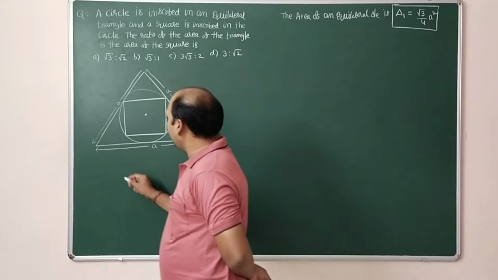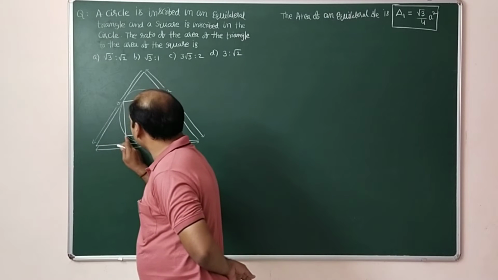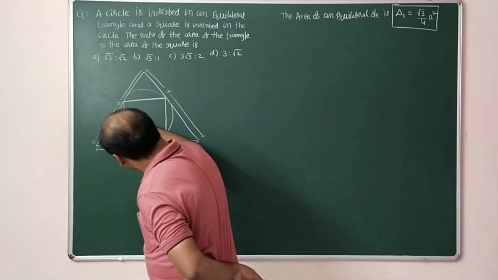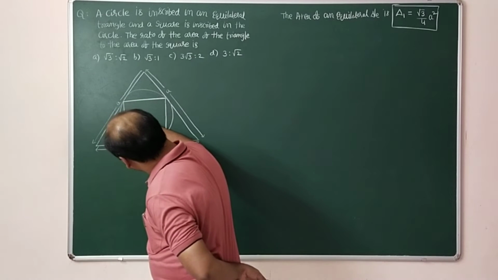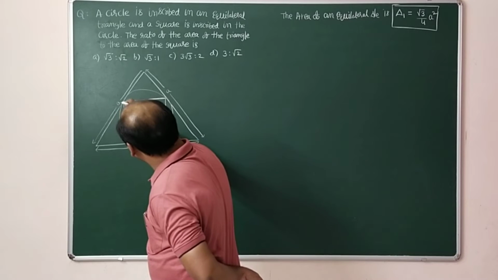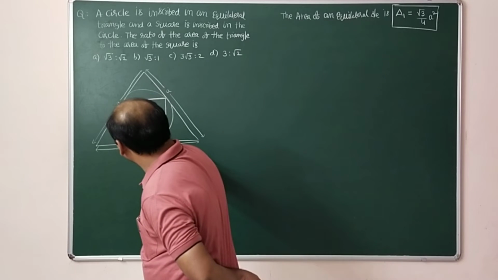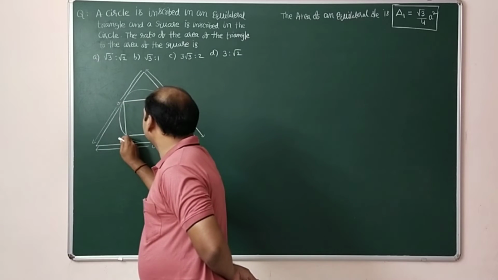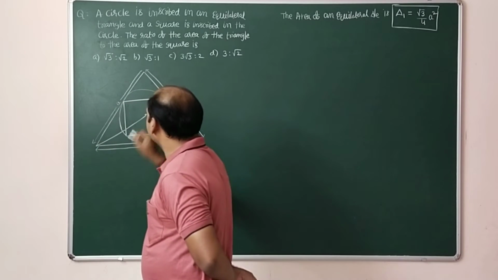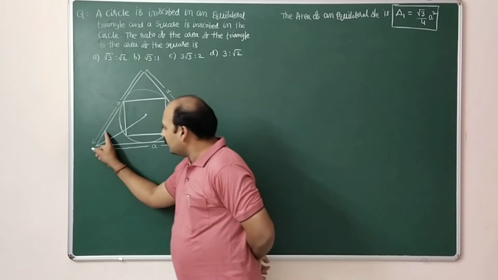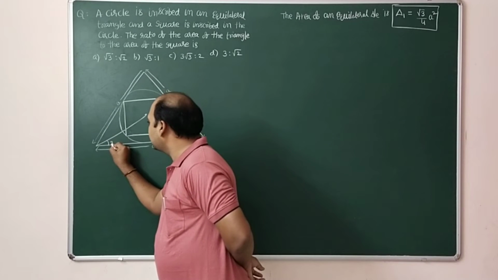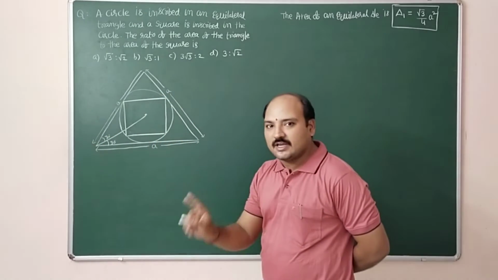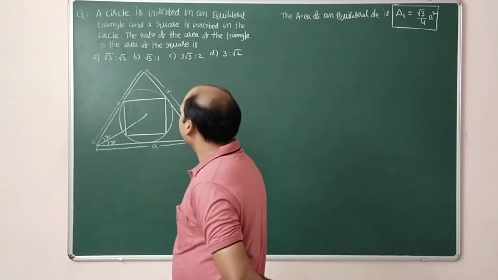So here, if we join like this, whenever it is an equilateral triangle, here 30 degrees, here also 30 degrees, total 60 degrees only. Equilateral triangle means each angle is equal to 60 degrees.